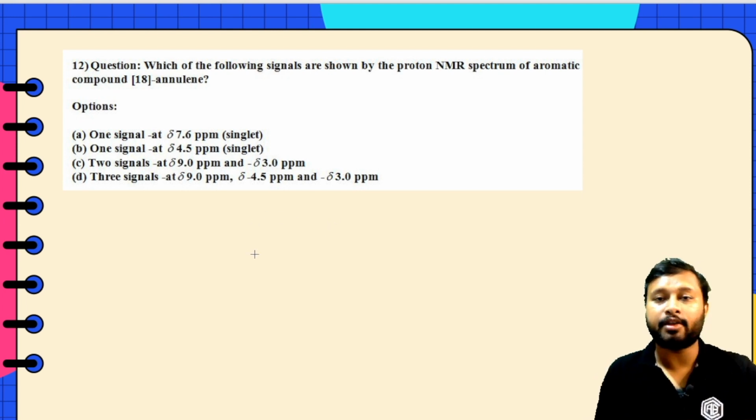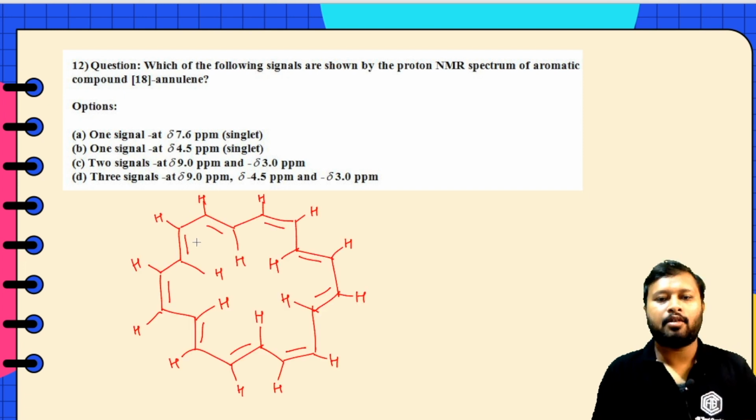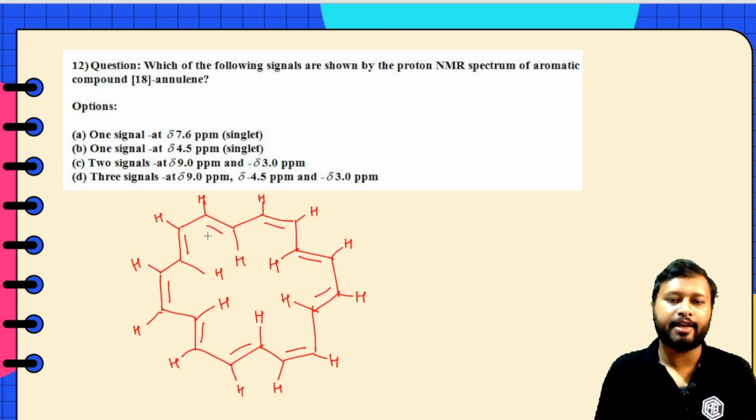First of all, let me draw this 18 annulene quickly. Alright, so this is how 18 annulene looks like. If you count them up, there are 9 carbon-carbon double bonds. They are all in conjugation. It's an aromatic molecule. Now, if you see how many types of hydrogen you have, because the number of proton NMR signals is actually going to depend upon how many types of hydrogen you have.